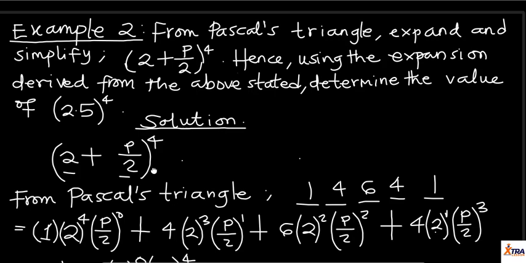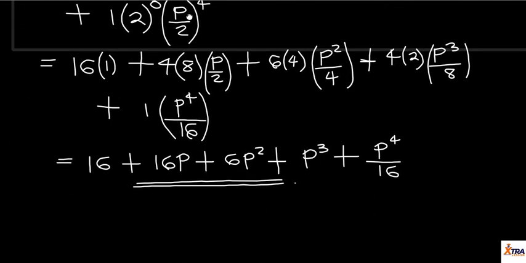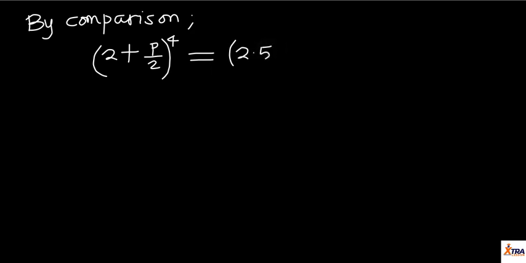In order to determine the value of 2.5 raised to the power 4, we need to remember that we are comparing 2.5 raised to the power 4 to 2 plus p over 2 all raised to the power 4. So, by comparison, we are comparing the idea of 2 plus p over 2 all raised to the power 4 to 2.5 all raised to the power 4.